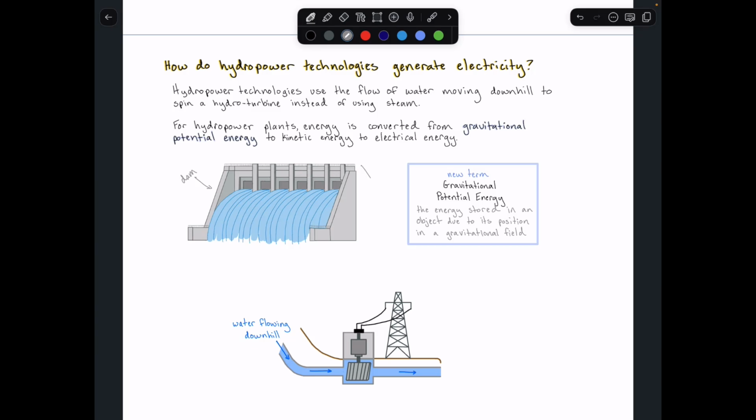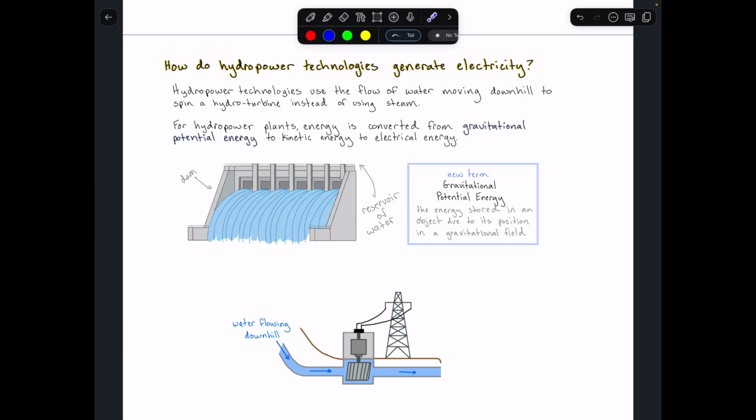And behind the dam, which I have not sketched, will be a reservoir of water at a higher elevation. So, like I said, when operators want to generate electricity, they let some of this water go through the dam, and as the water moves downhill, it gains that physical motion, which is the gravitational potential energy turning into kinetic energy.